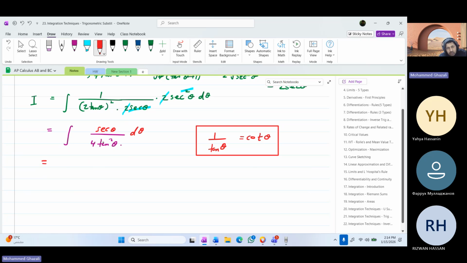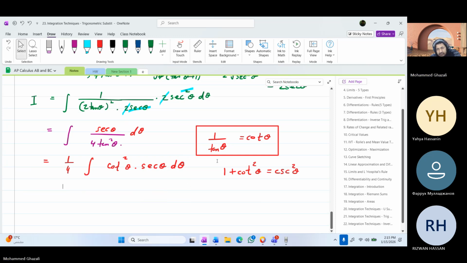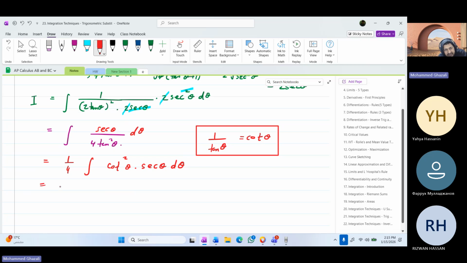Right, so one second, sorry. We had the correct integral here. That's fine. Change the cot into sine squared over cos squared, right? And what is sec? 1 over cos theta, d theta.